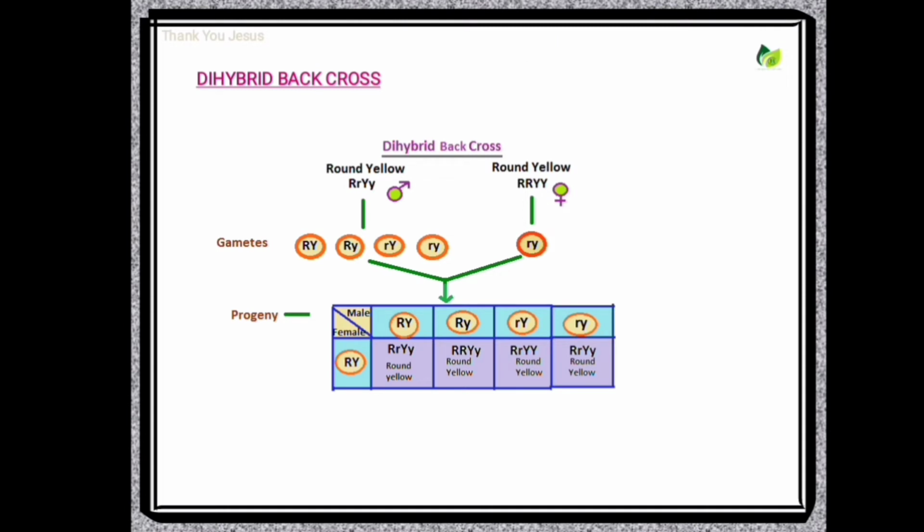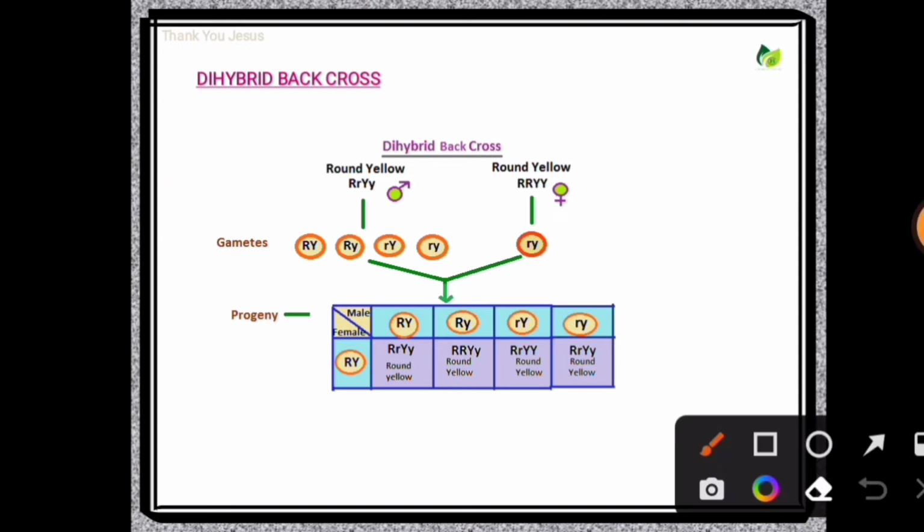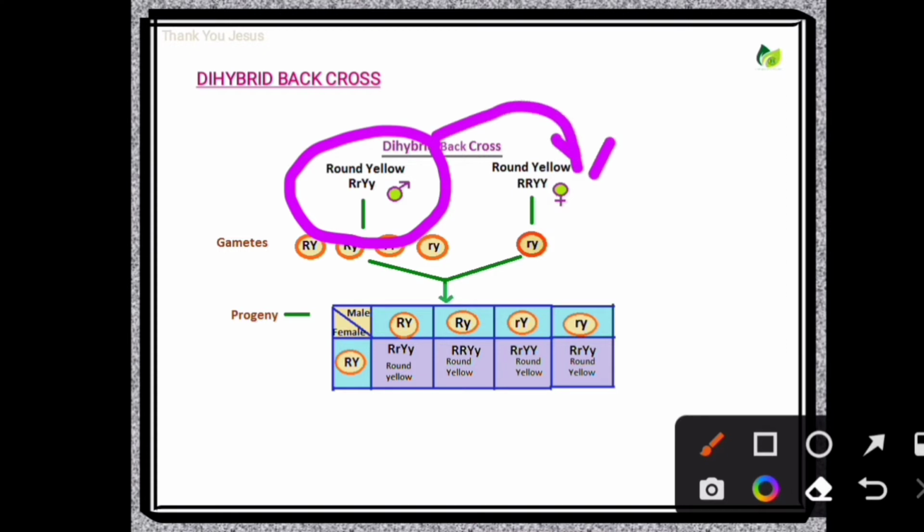Let's see the dihybrid back cross. When the F1 individual is crossed with a double dominant parent, such as capital R capital R capital Y capital Y, which shows the phenotype round and yellow, then four types of genotypes are obtained in the F2 progeny, but all four phenotypes are the same.